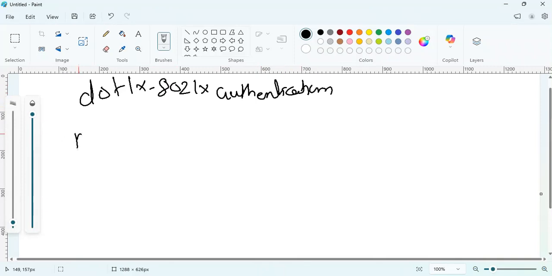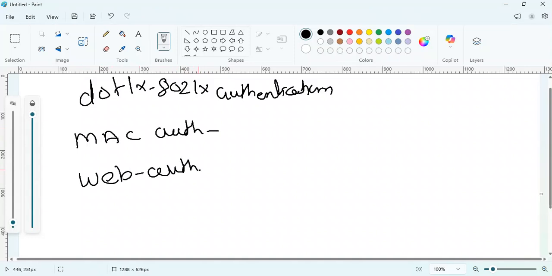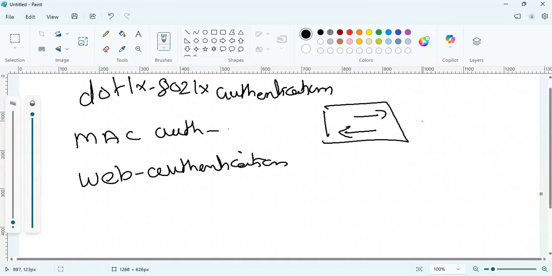The fallback is MAC authentication. Okay, and third was web authentication. Okay, in the switch, the Cisco switch 2960. Okay, sorry, my writing is not good.